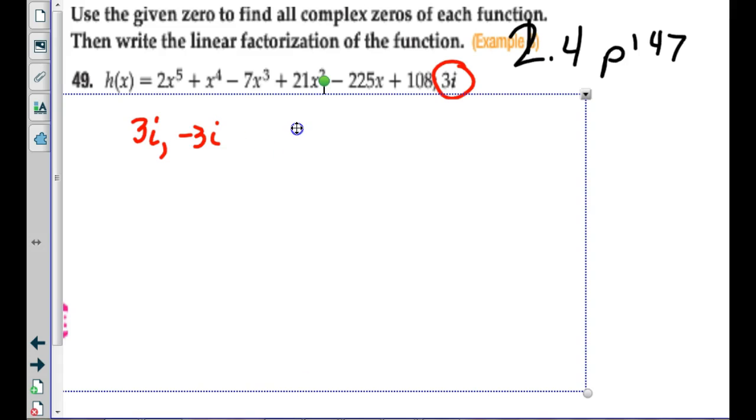So if we start to factor those, we have an x minus 3i and an x plus 3i. Now, my brain went to, we should FOIL those together and then do long division to find what's left. But this is degree 5. So if I divide out 2 of them, I'm still going to have how many left? 3. And I'm quite possibly not going to know how to factor that anyway.